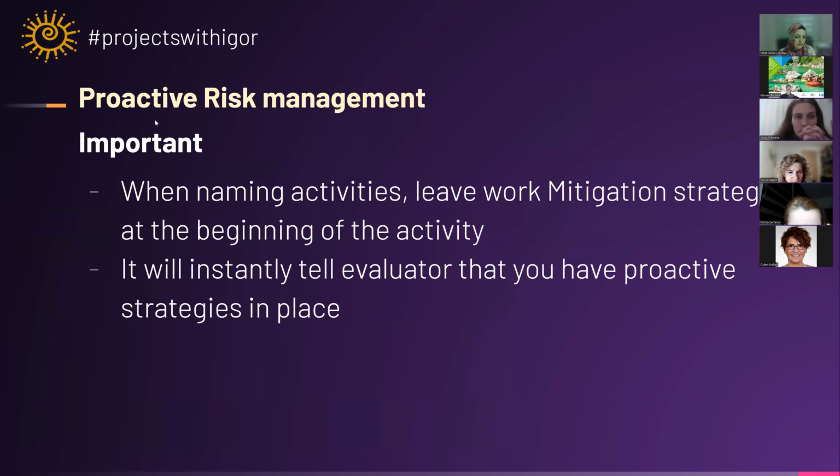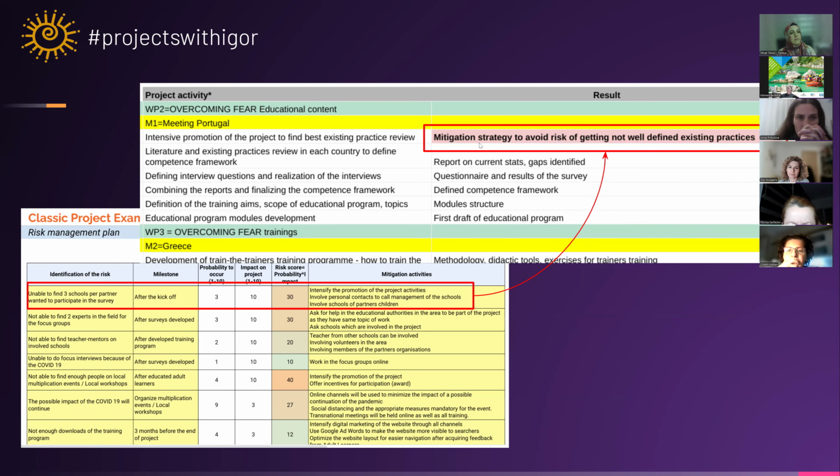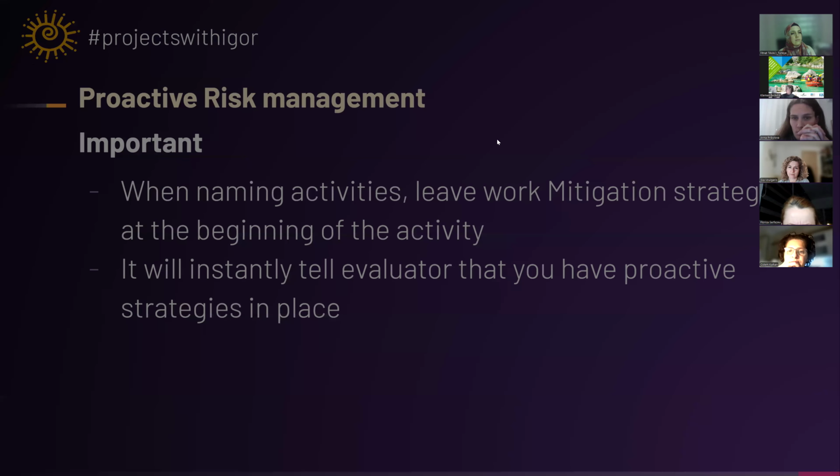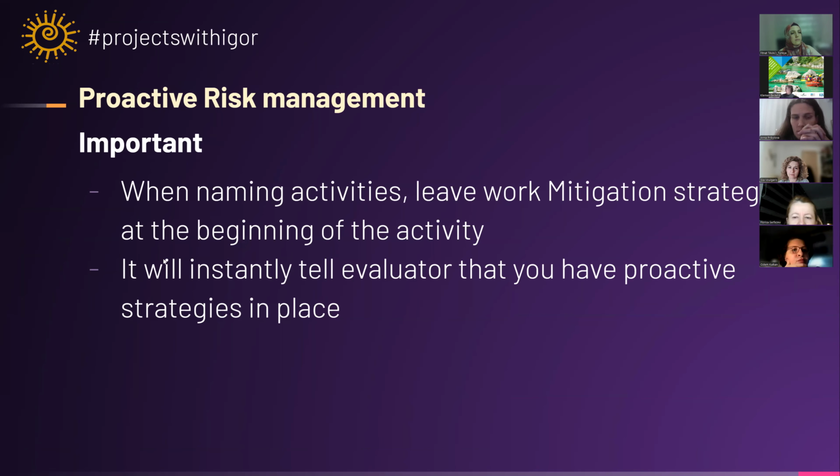So what I really suggest is that when naming activities, put the words "mitigation strategy" at the beginning of the activity. This is here, mitigation strategy. Why? Because the evaluator will instantly see that you have proactive strategies in place.